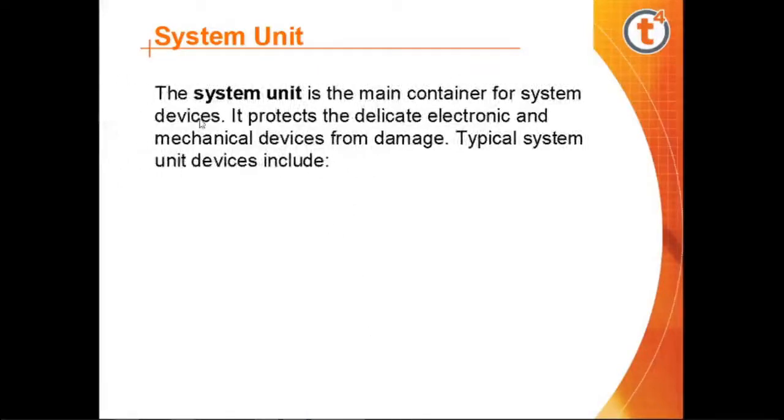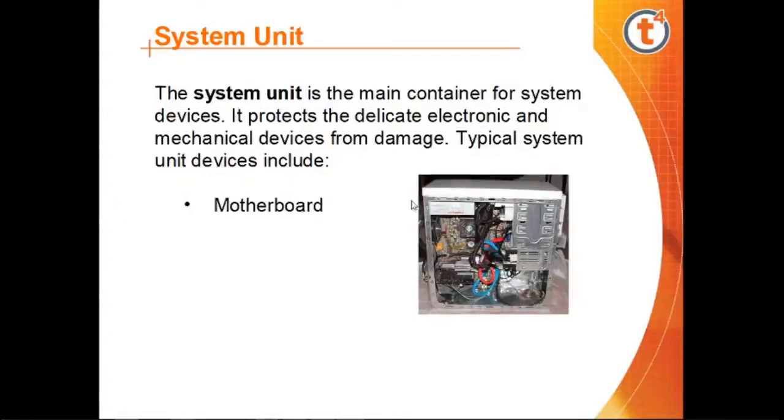System unit. The system unit is the main container for system devices. It protects the delicate electronic and mechanical devices from damage. Typically, the system unit includes the motherboard. This is the CPU image and the CPU processors. Processors are available only here.